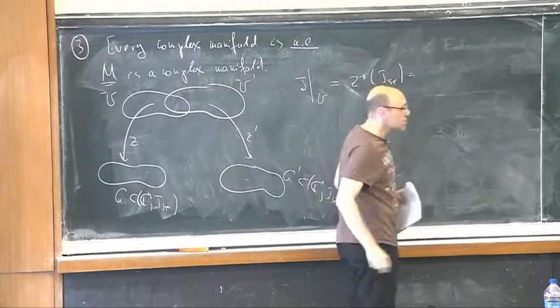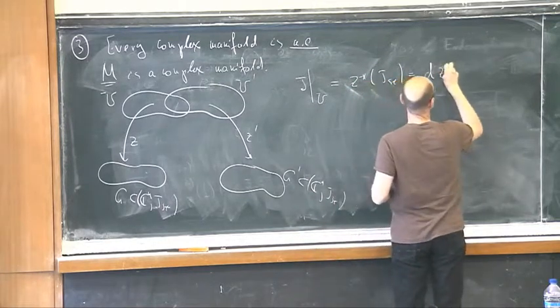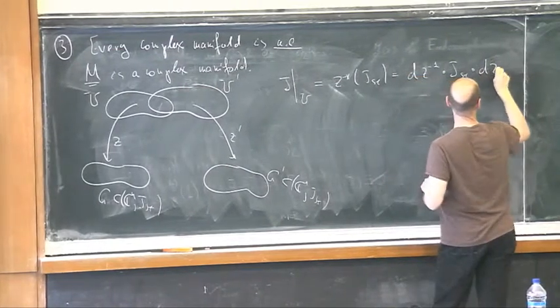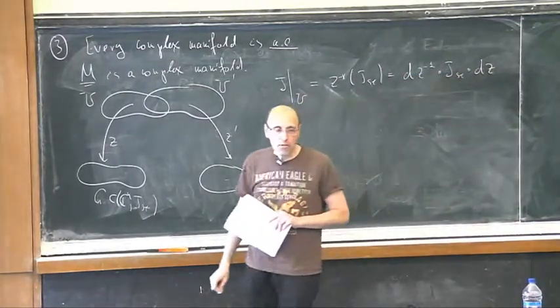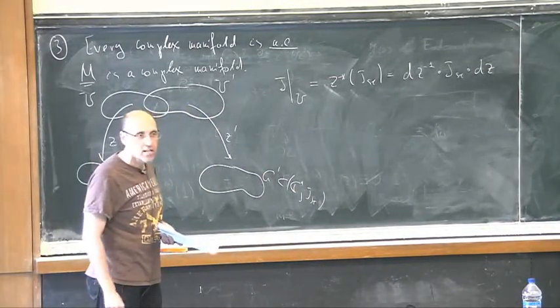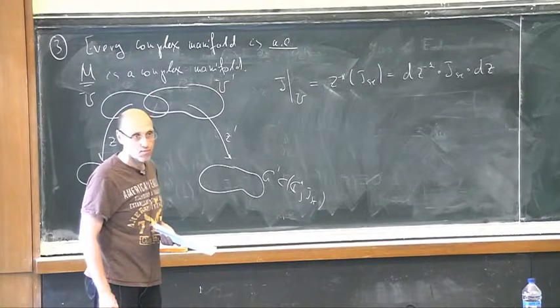In other words, this is this. Okay? So it's very easy to see that this defines an almost complex structure on U.